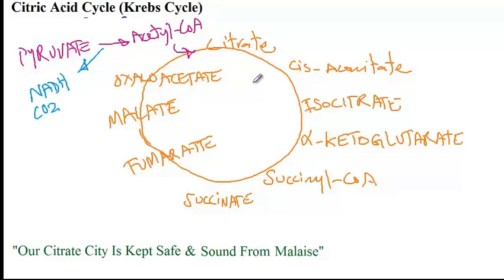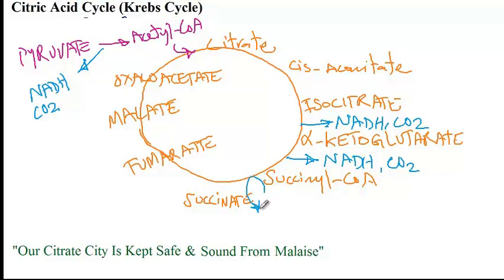After entering the citric acid cycle, these 2 reactions right here will yield an NADH and a CO2 each. And then conversion of succinyl coenzyme A into succinate will convert a GDP into GTP, and then GTP can be used to convert ADP into ATP.